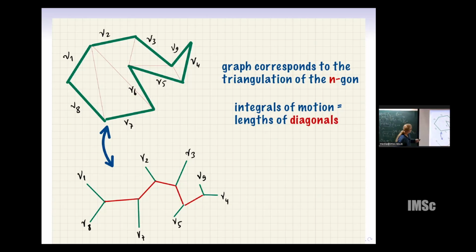Remarkably, when I keep saying that this is a phase space, it's a symplectic manifold. There is a symplectic form which comes from the original gauge theory construction, for which a choice of Darboux coordinates is given by the lengths of those diagonals and the dihedral angles, the angles between the triangles, these diagonals.